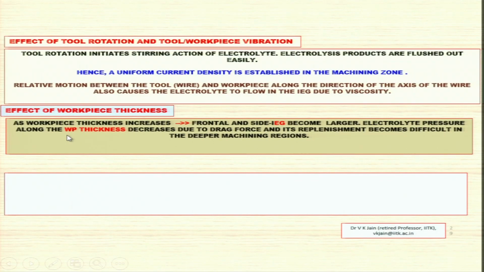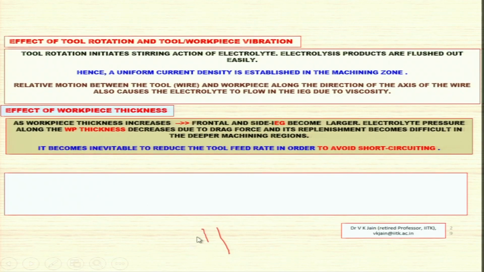Electrolyte pressure along the workpiece thickness decreases due to drag force, and its replenishment becomes difficult in the deeper machining region, because as the machining thickness increases, the taper of the workpiece keeps on increasing, and if taper increases, then the machining accuracy decreases. It becomes inevitable to reduce the tool feed rate in order to avoid short circuiting.